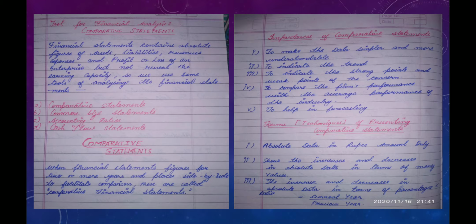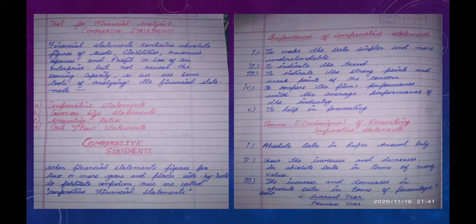What is the importance of comparative statement? It makes data simpler and more understandable, because only by seeing the financial statement we do not know the financial condition of the company. So comparative statement is quite helpful and it indicates the trends. What are trends?